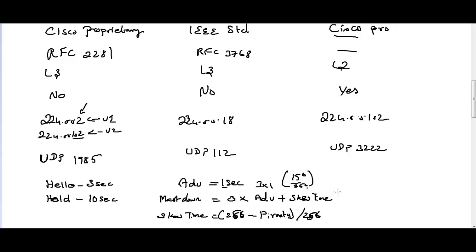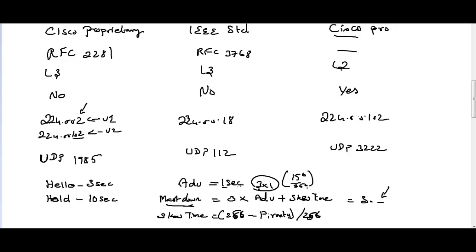So you get some fraction, and the master down time will be 3 point something. Because you divide 156 by 256 and add it, it will always be 3 point something.